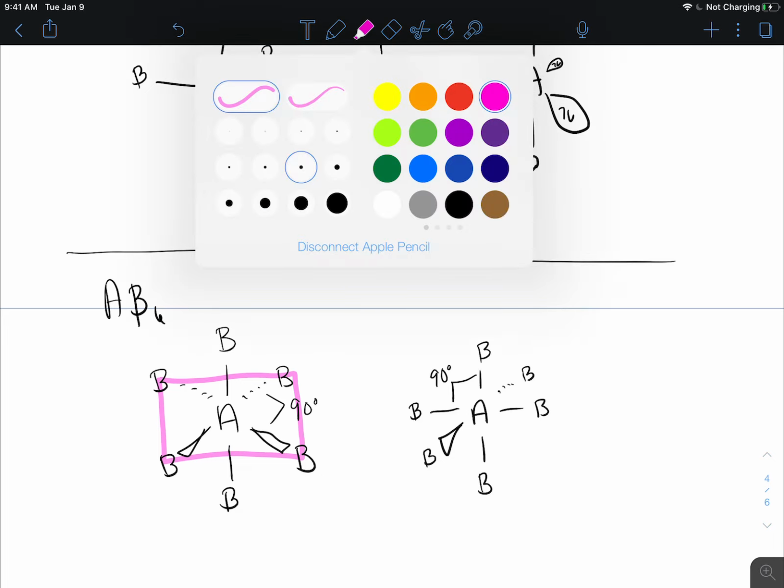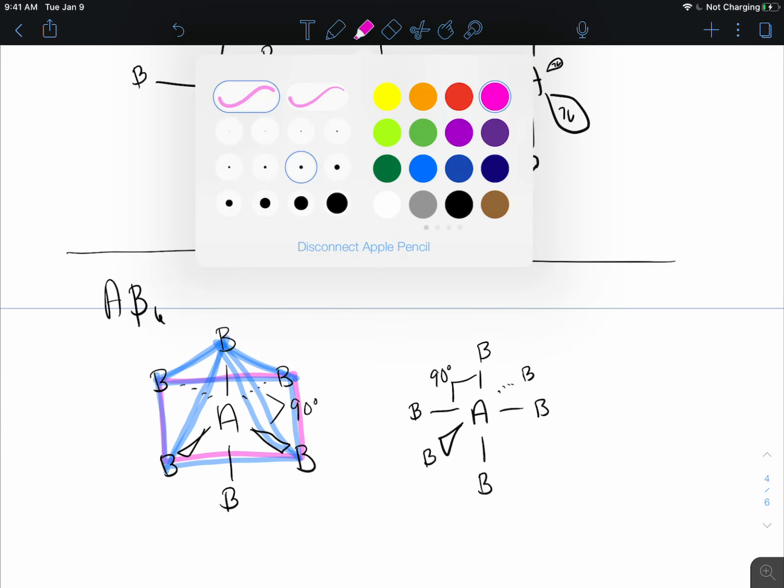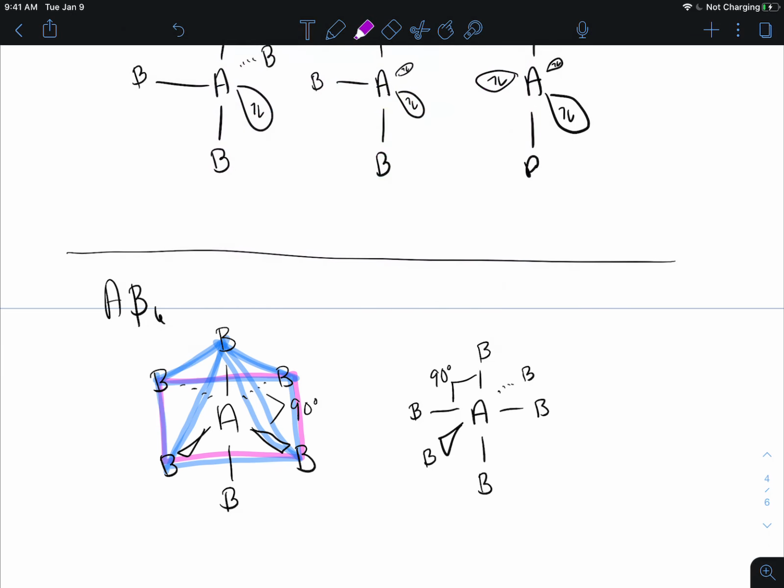this base right here, and then on top of it we have one side, two sides, three sides, four sides on the top, and then on the bottom, one, two, three, four sides on the bottom as well.